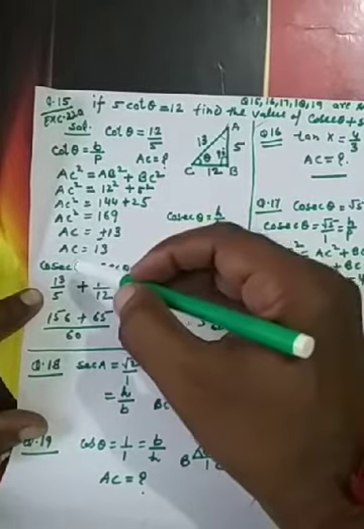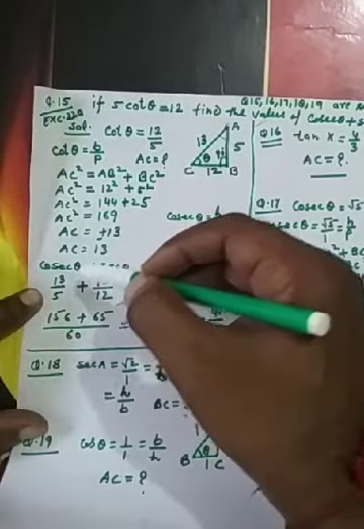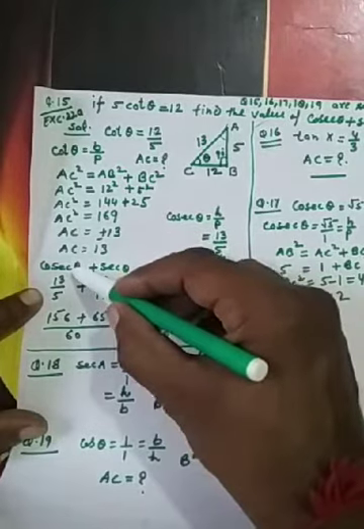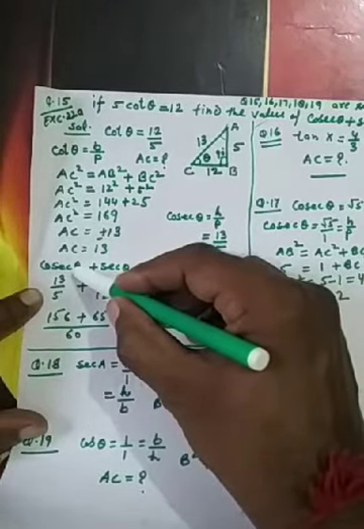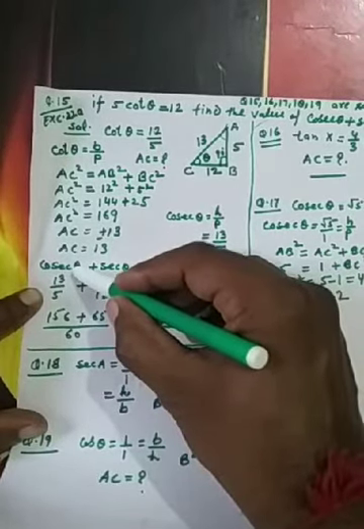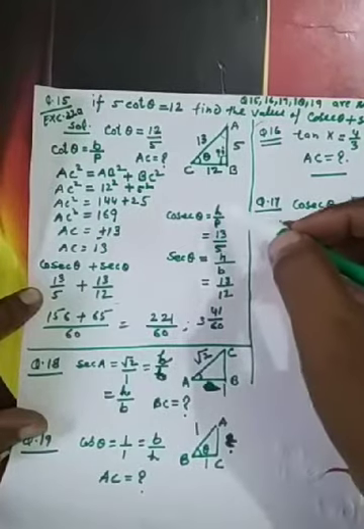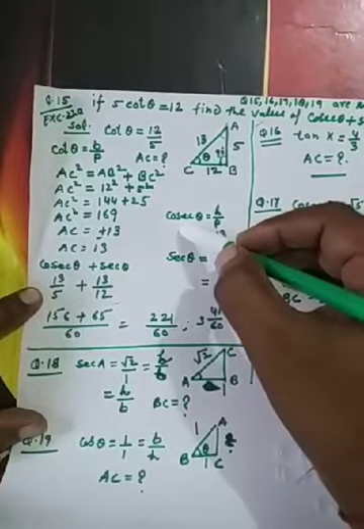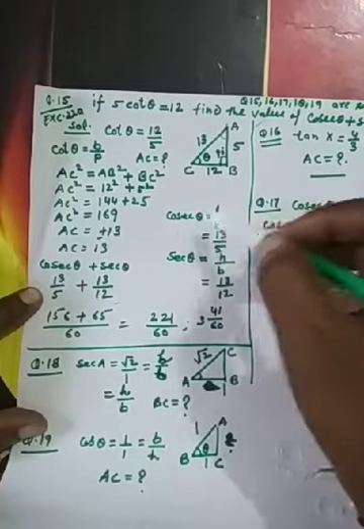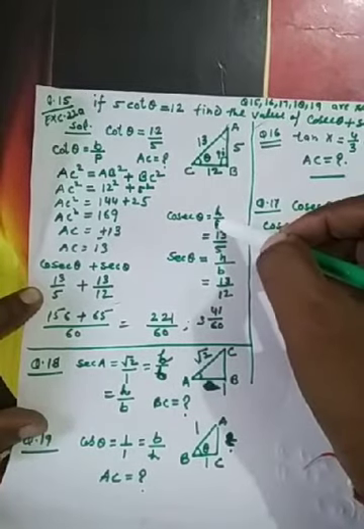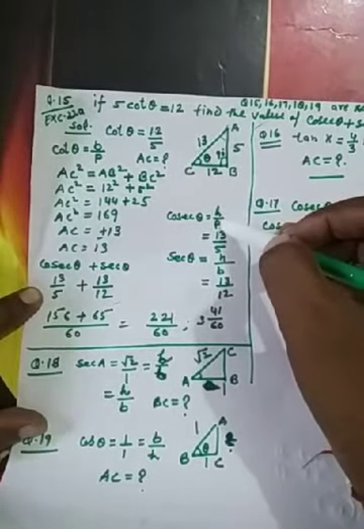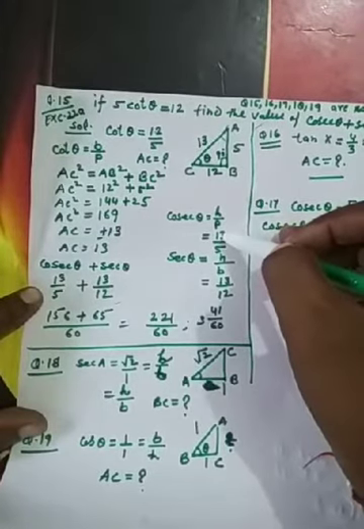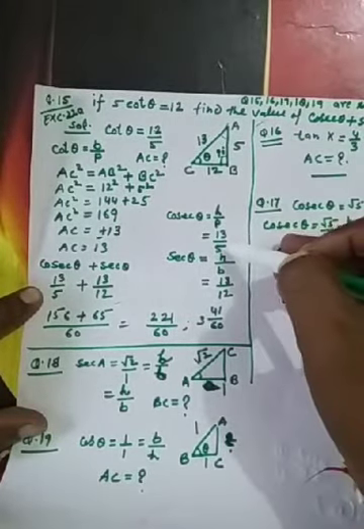Cosec theta is the opposite of sin theta. What is the formula of sin theta? Sin theta means perpendicular upon hypotenuse. So cosec theta is reciprocal to sin theta, so it will be h upon p, hypotenuse upon perpendicular. The hypotenuse is 13 here and this is 5.